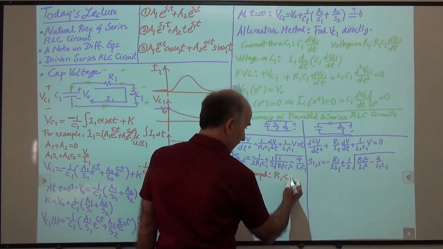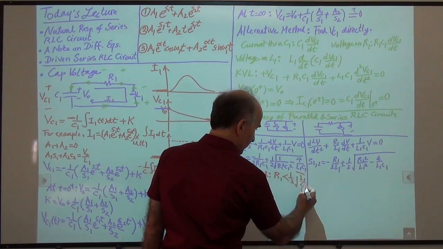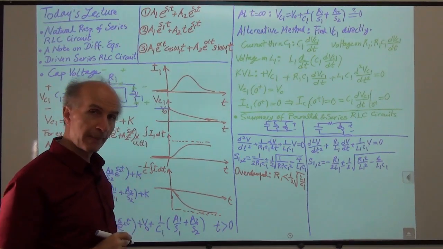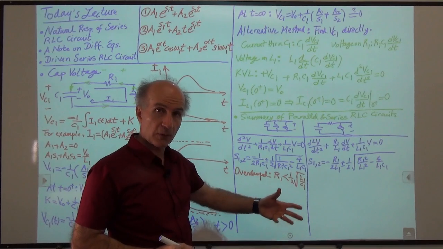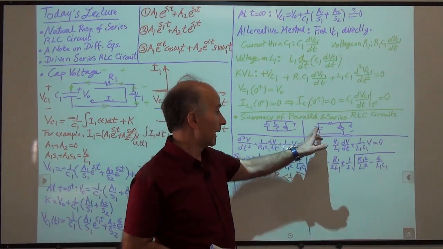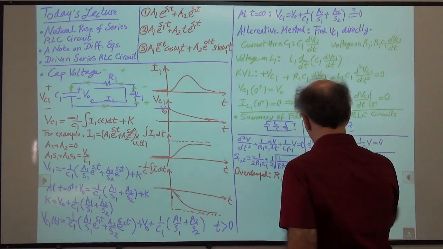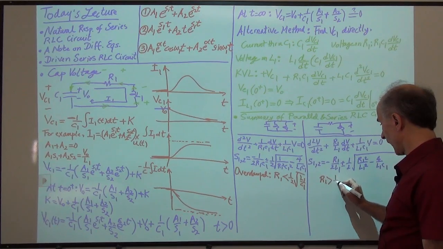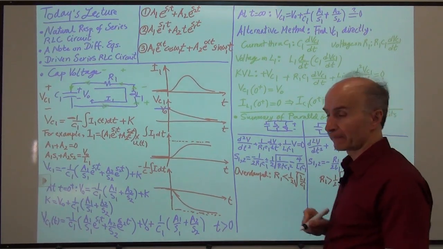So R1 has to be less than 1/2 of root L1 over C1. All right? On the other hand, here, this resistor has to be large enough so that it doesn't allow the energy to go back and forth between these two. So in that case, R1 has to be greater than 1/2 of root L1 over C1.